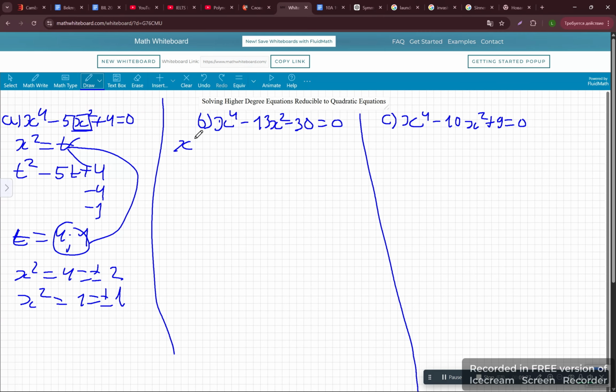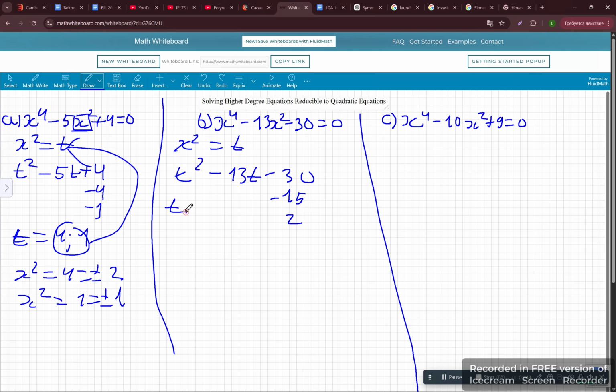The same way, x to the fourth is equal to t squared minus 13t minus 30. We break into minus 15 and plus 2.